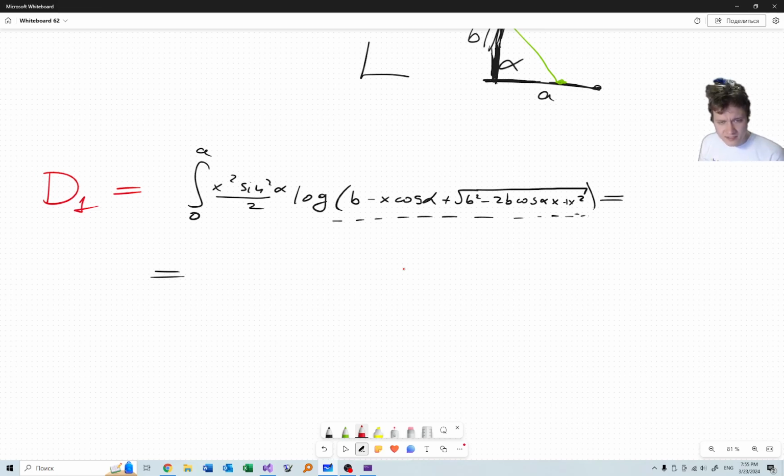I need to change my variable so that this square root does not contain a linear term. In order to do that, I say that now y is x minus cosine alpha.